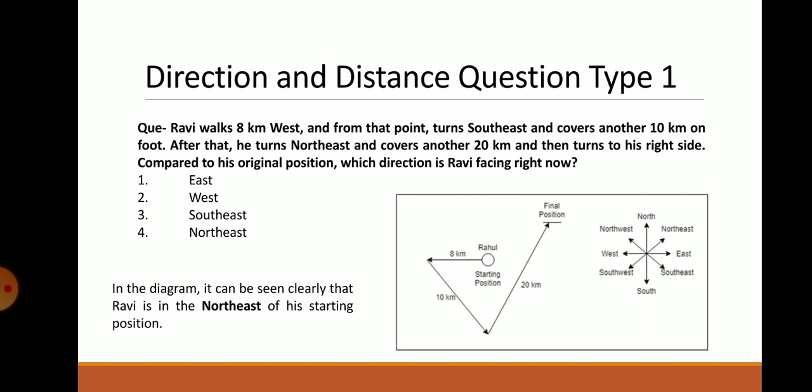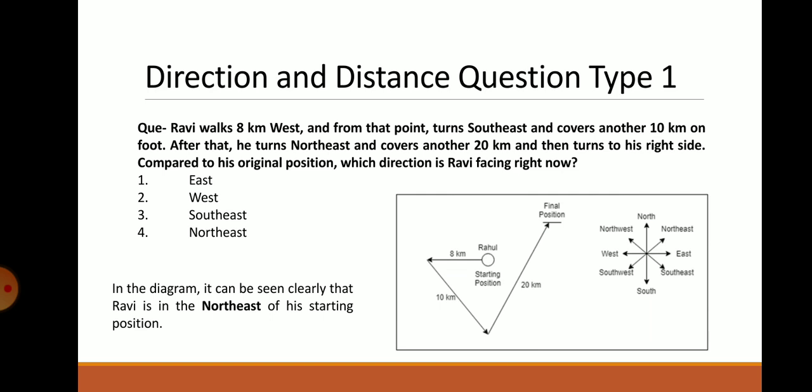So I will read the problem and plot the diagram. Ravi walks 8 km west. Now you have to assume Ravi is standing at an initial position facing towards north. Always, if it is not said in the problem, you have to assume that the person is facing north. He is walking towards west by 8 km.